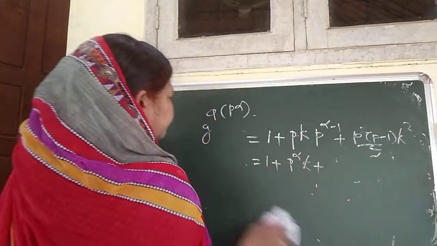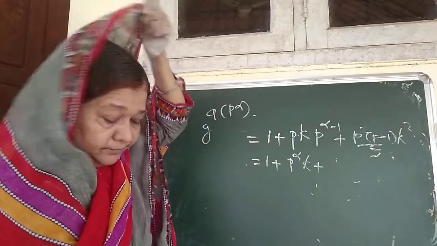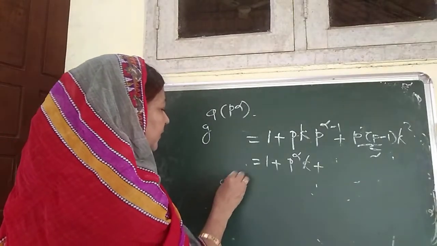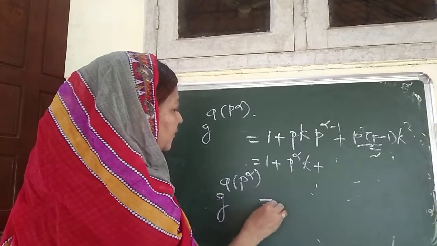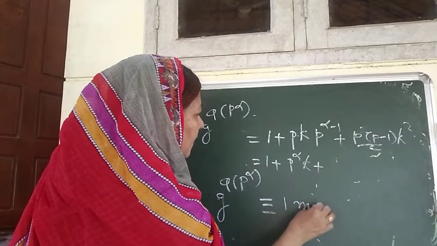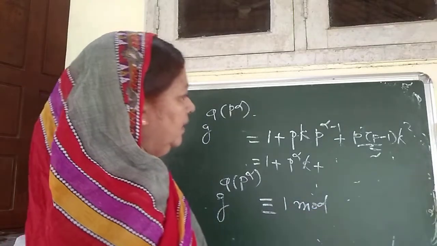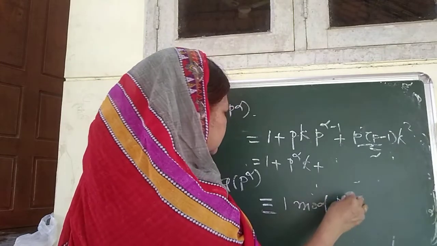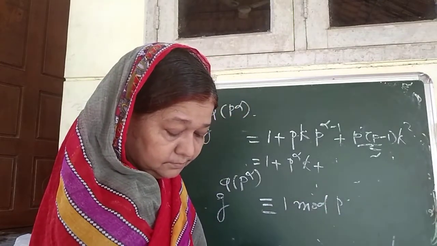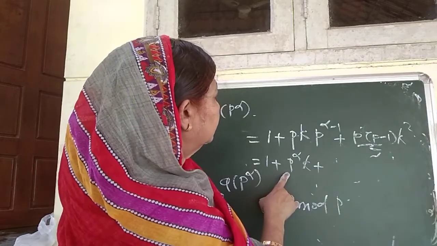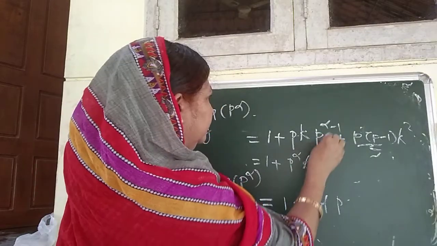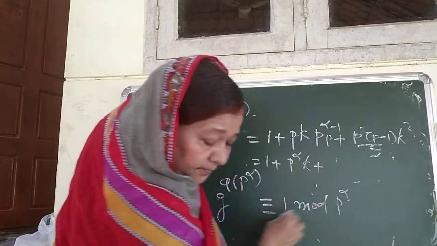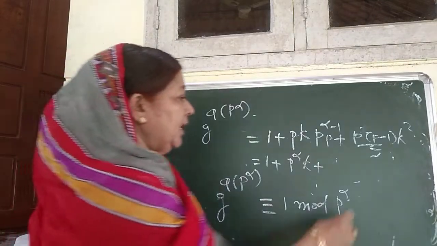Therefore, g raised to phi of p raised to alpha is congruent to 1 mod p raised to alpha plus 1.